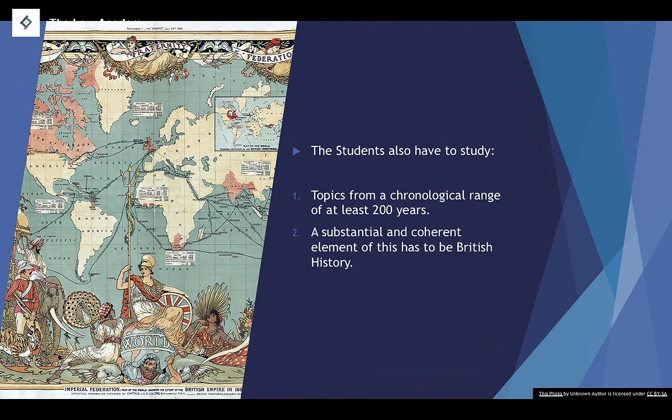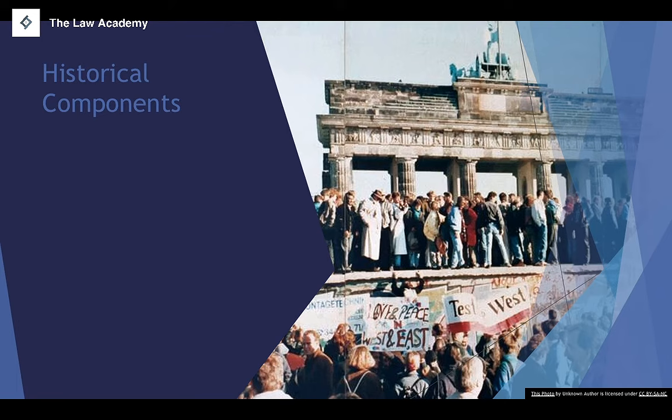This means that at least one of your components will have to be a British history component, and the other one will be non-British history, because as we've just mentioned, you have to study from at least one state or country outside of the British Isles. So let's talk about the historical components in more detail, the two main historical components.